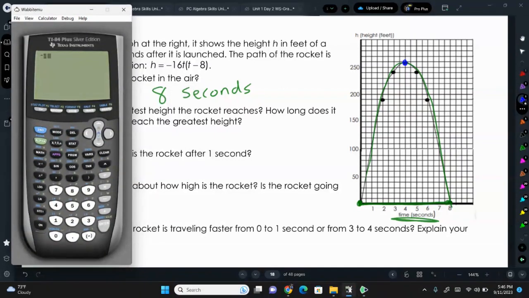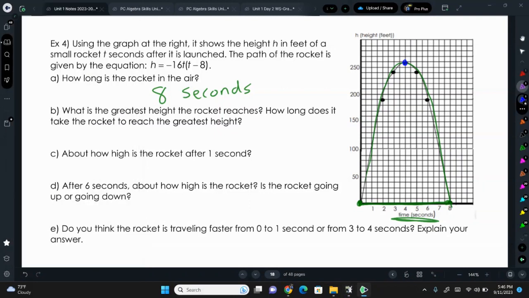So negative 16 times 4 times 4 minus 8. And we get negative 256. So that is the maximum height. So max height, 256 feet. And it happens in 4 seconds.